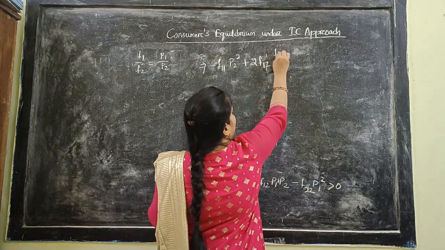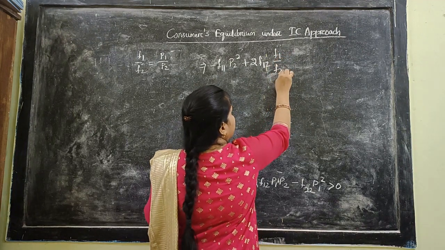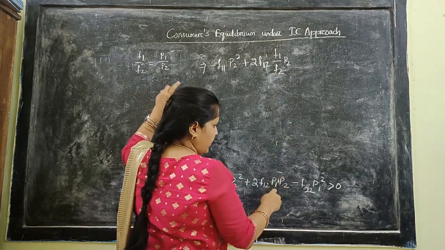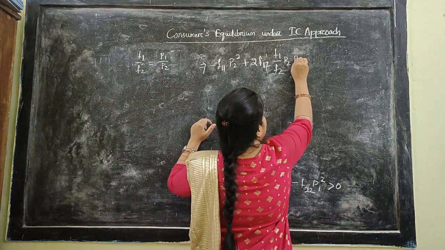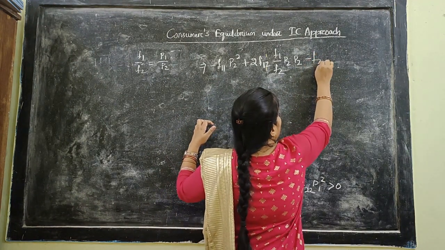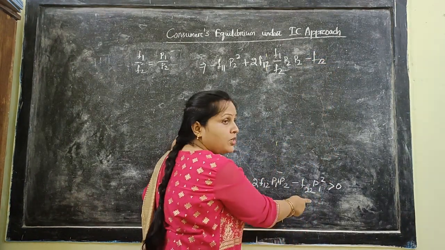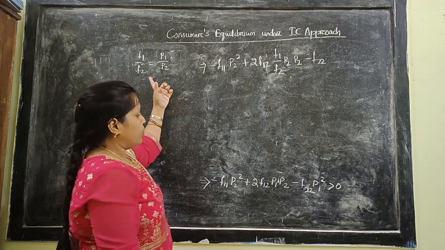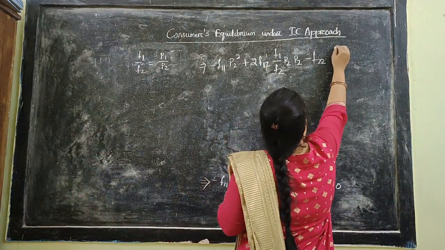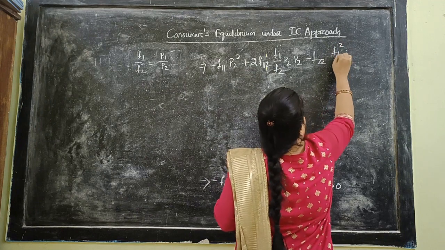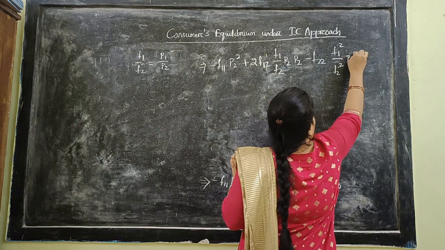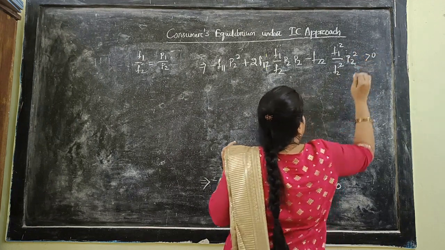In place of P1, I am writing F1 by F2 into P2, so P2, minus F22. In place of P1 square, I am writing F1 by F2 into P2 its whole square. So it is F1 square by F2 square into P2 square, and it has to be greater than 0.